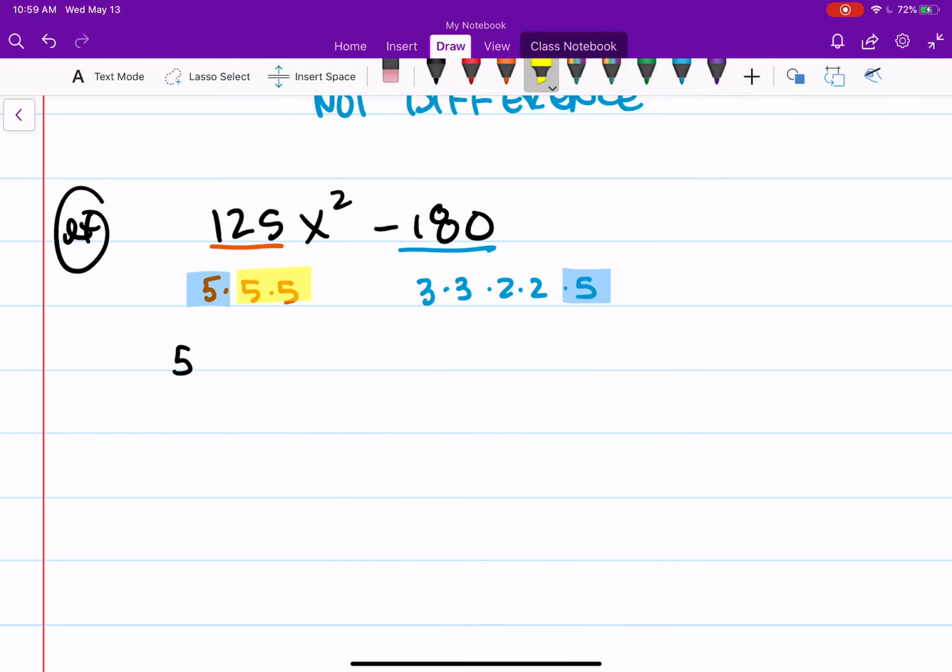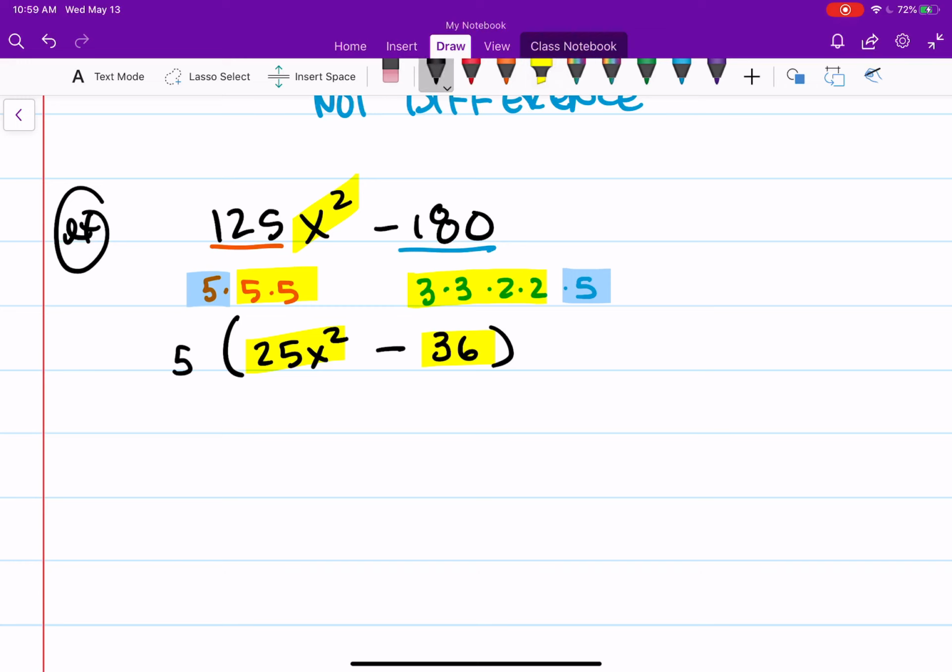I have a 5 times 5 and an x squared, and then this right here. I'm taking out the 5. What do I have left? I got the 25 x squared minus 3 times 3 is 9. 9 times 4 is 36. Okay? So that is what is in yellow.